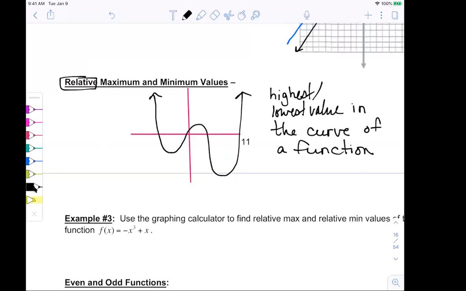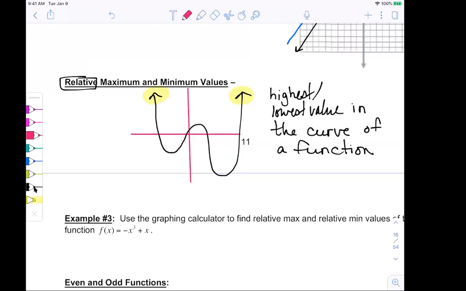So an actual maximum, this graph is going to infinity. That would be the actual maximum value of the graph. That's the highest value of the graph. But a relative max or a relative min is the highest or lowest value when it's compared to the points that are surrounding it, which is going to be in that curve of the function. There can be multiple maximum or minimum values.